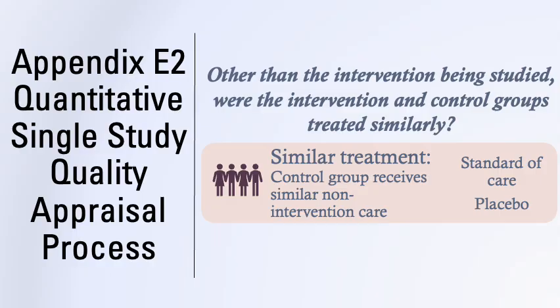Standards of care and placebo interventions are used intentionally to control for things such as time spent with a member of the study team or the expectation of a positive result. Other considerations when appraising similar treatment are if both the intervention and control group received equal follow-up and the outcomes being assessed were measured in the same way for both the intervention and control groups.